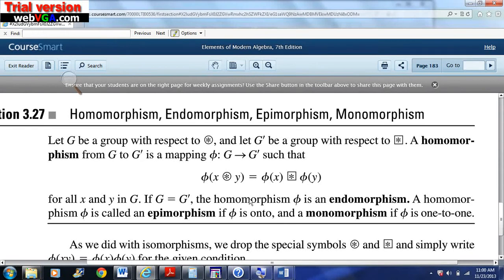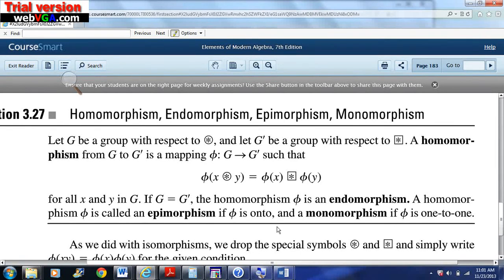If it's a homomorphism and is onto, then phi would be considered an epimorphism. So as you can see, for an epimorphism, phi would have to also be a homomorphism, but not necessarily an endomorphism. For an endomorphism, the two sets are the same. It's like mapping a set into itself.